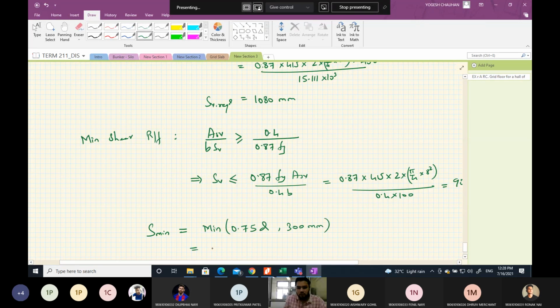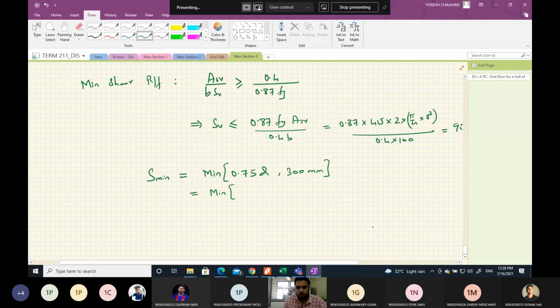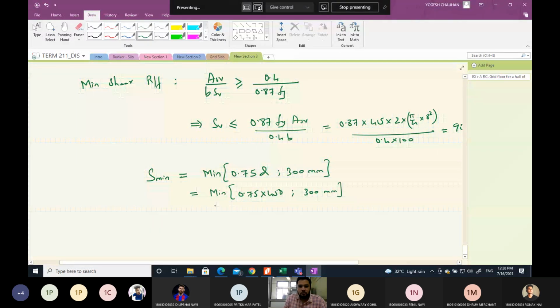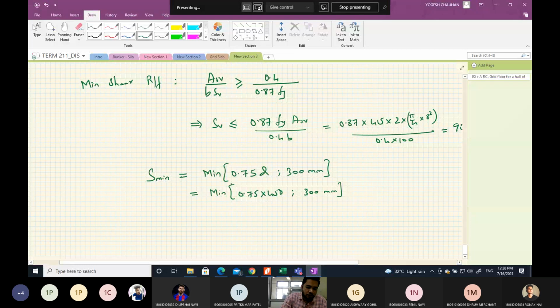So in our case, it is minimum of 0.75 into 450 and 300 mm. So 0.75 into 450, that is 337.5. So it is minimum of 337.5 or 300 mm.